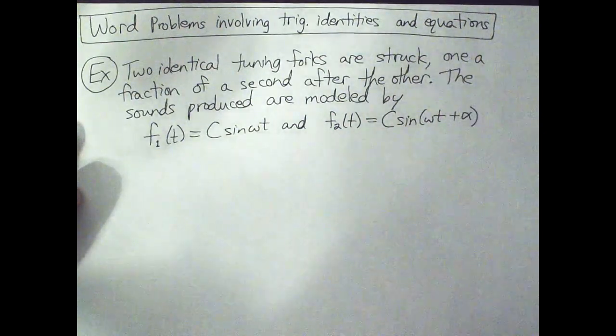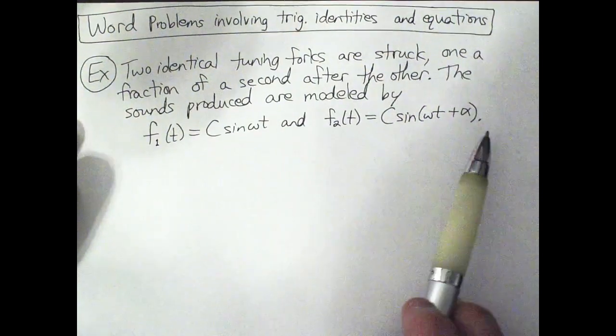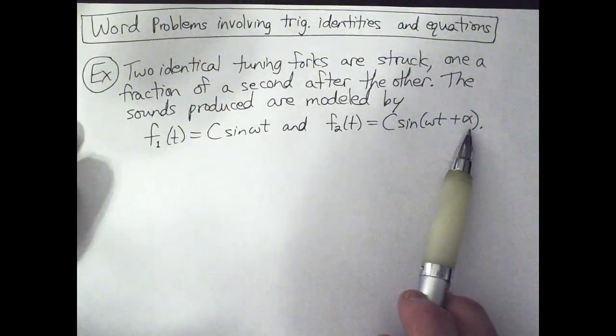So we're using some Greek letters here. The lowercase Greek letter omega looks a little bit like a lowercase w. And then this letter over here is the lowercase Greek letter alpha.